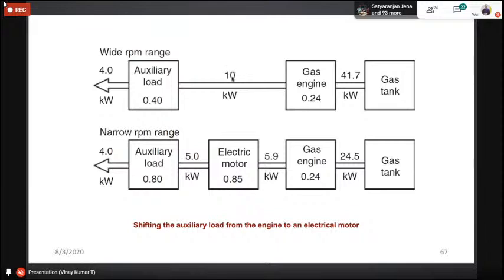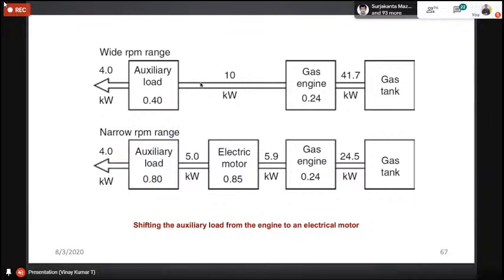If 41.7 is the input and efficiency is 24%, then the output of the IC engine will be only 10 kilowatt mechanical power, right? This 10 kilowatt again comes down because of auxiliary loads and mechanical transmission, gears. Again you have to consider 40% efficiency, so it will come down.